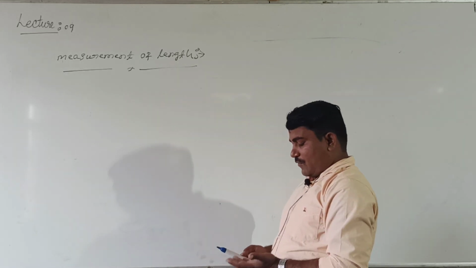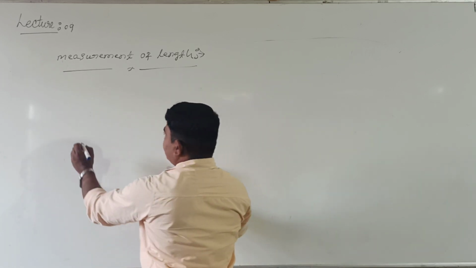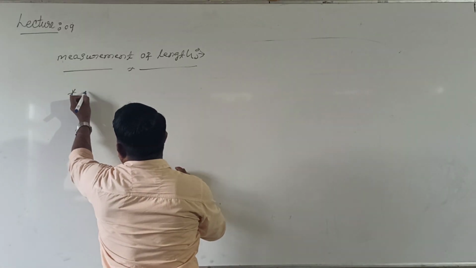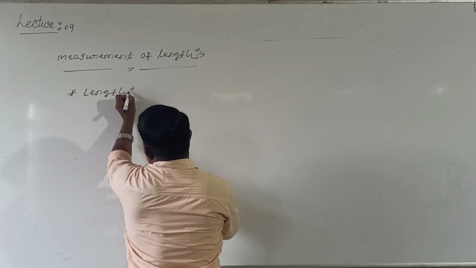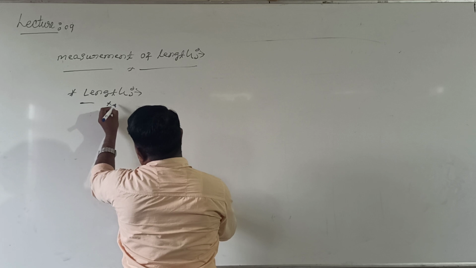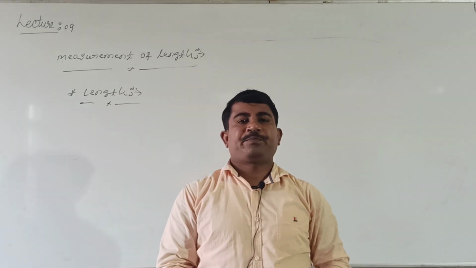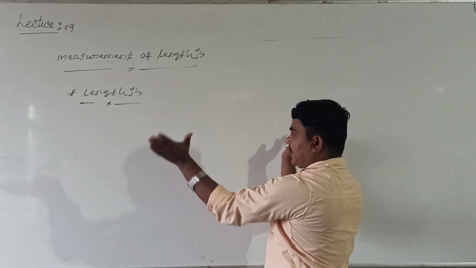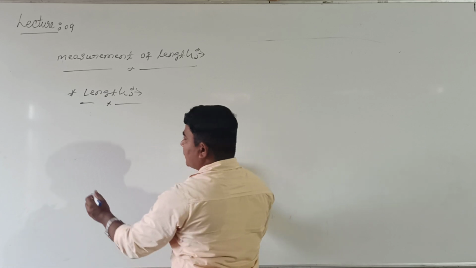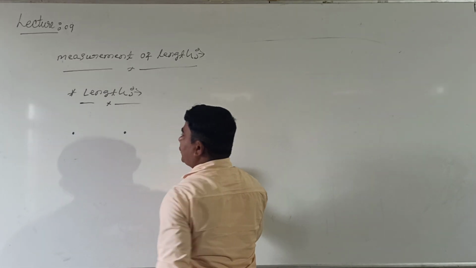Students, first of all, let us see the meaning of length. Students, I will have 2 points in the space. Consider it is a space. In the space I will have 2 points. This is one point, this is the second point.